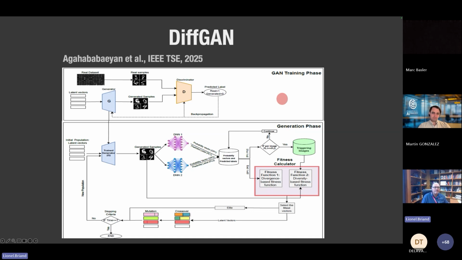So the goal, again, to summarize, is to generate images that trigger differences of behavior between alternative models, and at the same time are very diverse in the space of images.